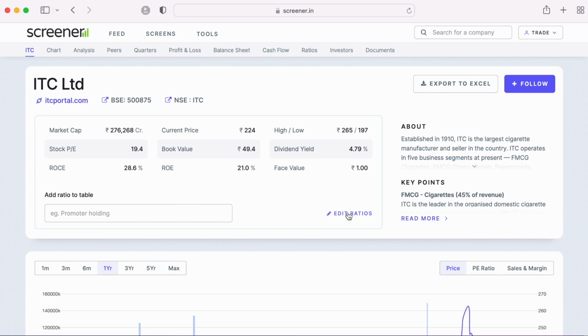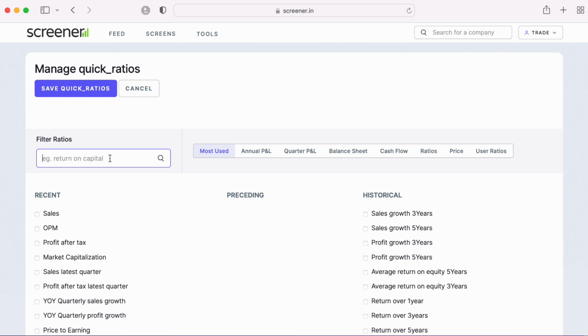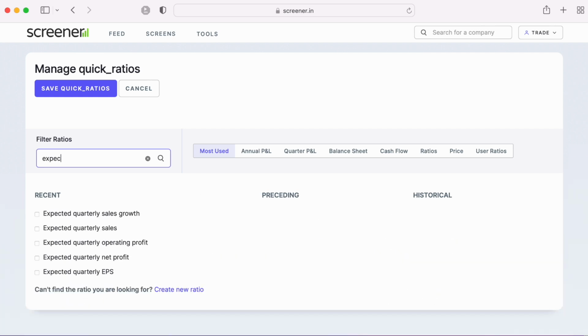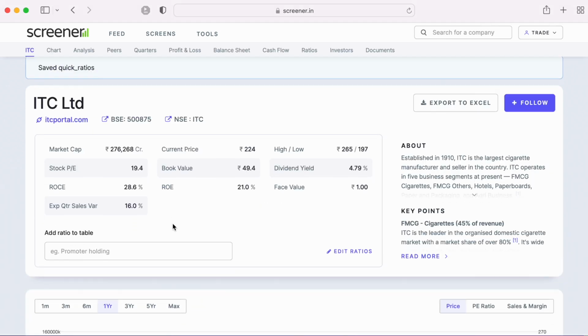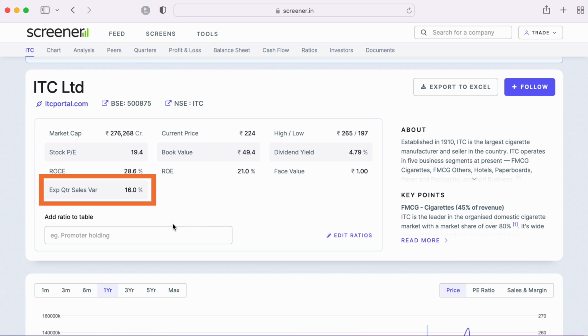If we click on this box, edit ratio, which you can see over here, and search for expected quarterly sales growth, and save it, we will get the expected growth rate of the company going forward in the next quarter. Now this is 16%. Based on historical calculations, Screener.in has given us this number.